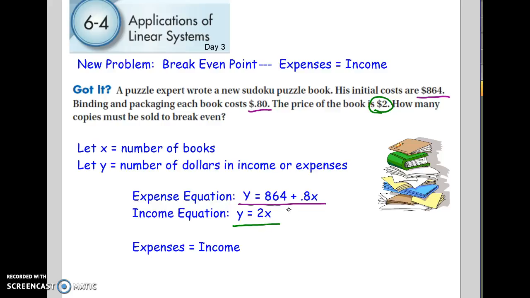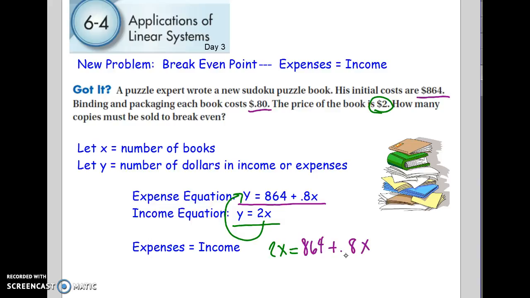And because break-even point is set up this way, we can substitute and put the equations equal to each other. So instead of y equals 864 plus 0.8x, I'm going to plug this 2x in for this y. And now I'm going to have 2x equals 864 plus 0.8x.